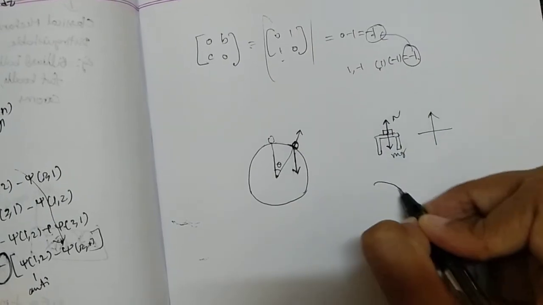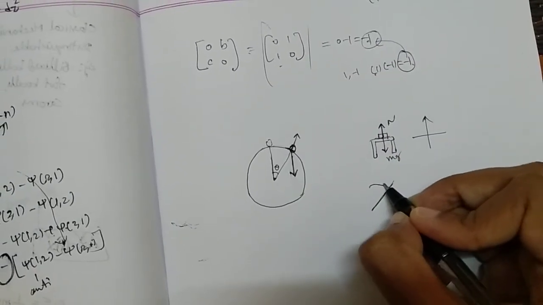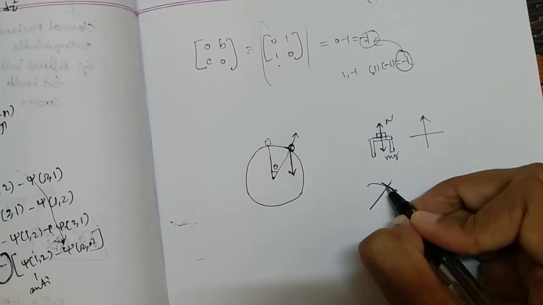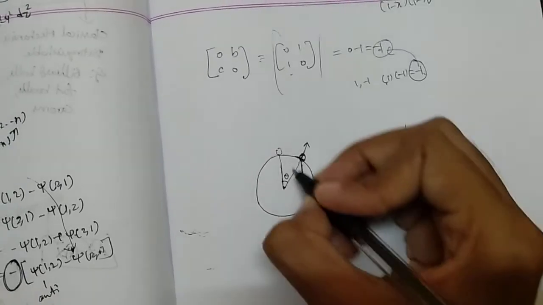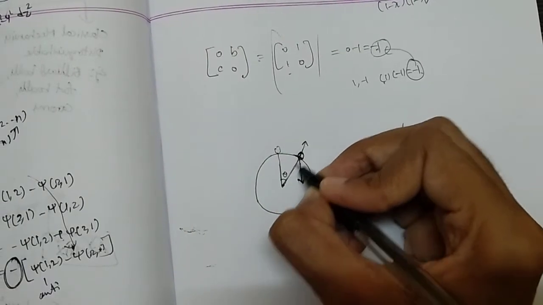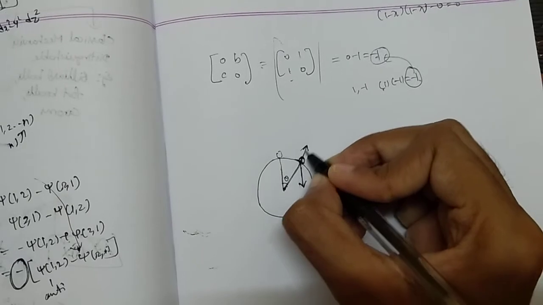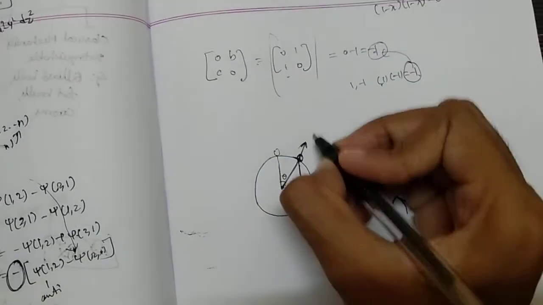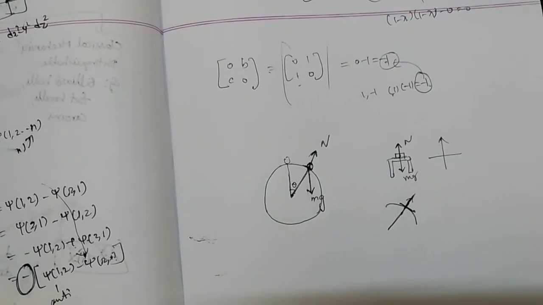Here this is a sphere. For a sphere, the radius is the normal. If we draw a tangent at this point, the normal to this tangent is in the radial direction. So the normal force would act in the radial direction. This is the direction of normal force, and gravitational force acts vertically downwards.